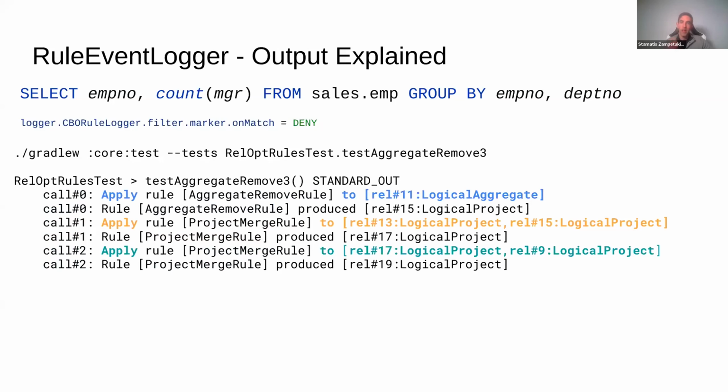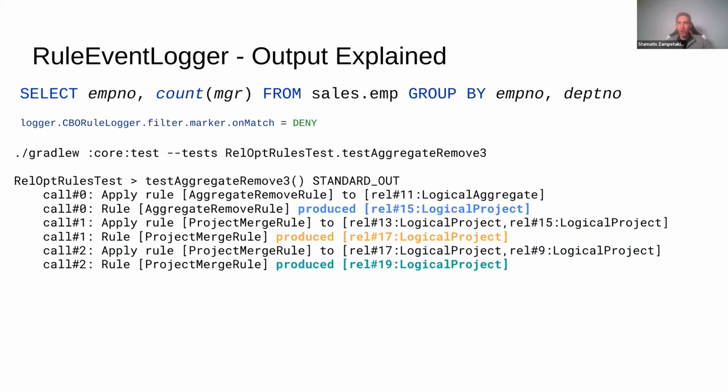So which exact relational operator matched the rule. Here we have a logical aggregate. And we also have the production. We can see that the aggregate remove rule at the beginning matched an aggregate and produced a project.